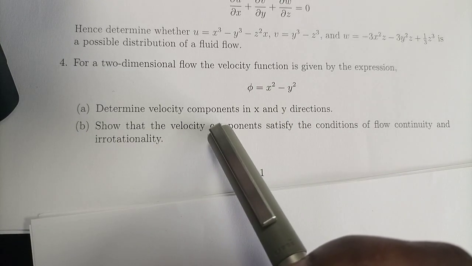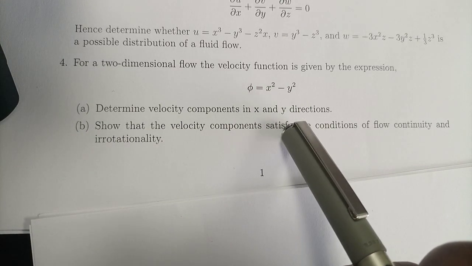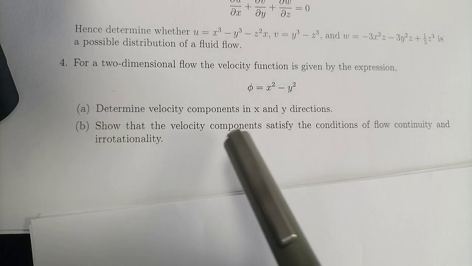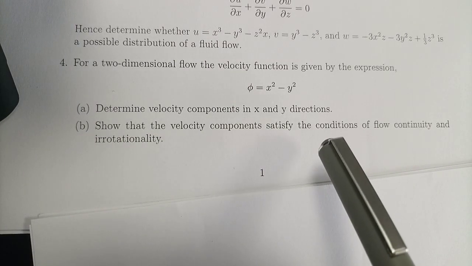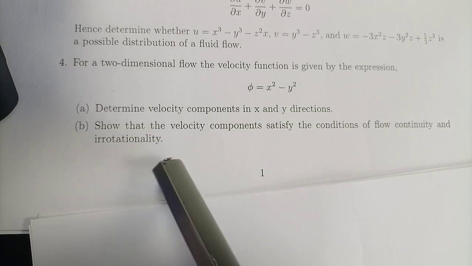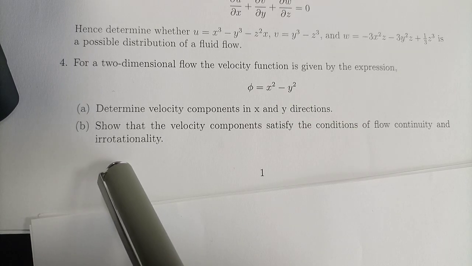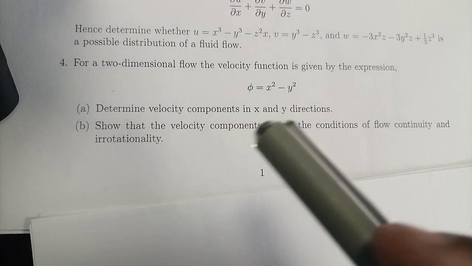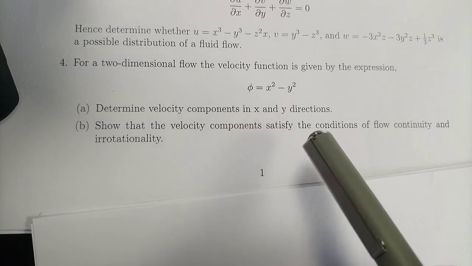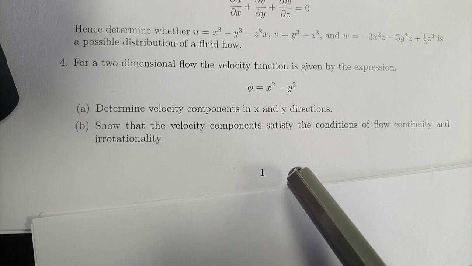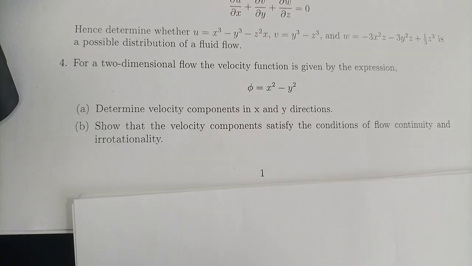Determine the velocity components in x and y directions and show that the velocity components satisfy the condition of flow continuity and irrotationality. Show that the flow is physically possible and it is an irrotational flow. That is what the last question B is asking for.